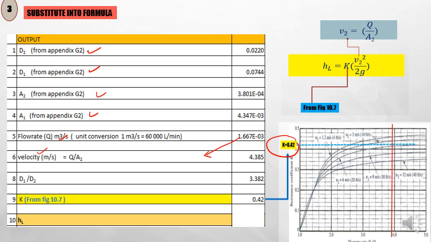So this is the formula to calculate the velocity, and D1 divided by D2. Using this ratio, I get 3.882.